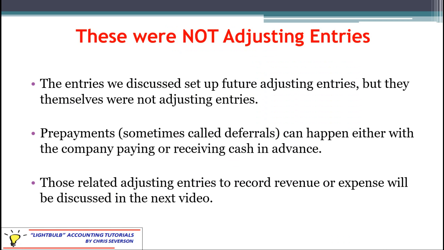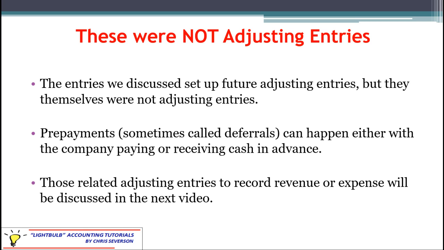So let's move forward to a note about what we're dealing with. And as I reiterated up front, these entries that we just now discussed set up future adjusting entries, but they themselves were not adjusting entries. A very big clue to know that you're not really in an adjusting entry is that if you have cash in the entry, it's not an adjusting entry.